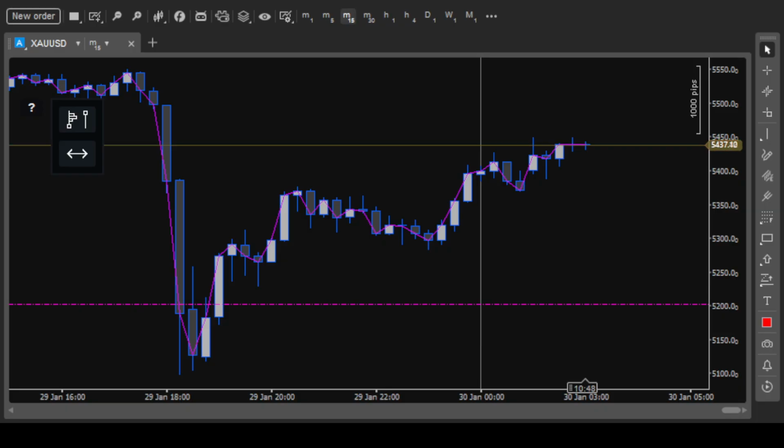That's not uncommon either. And that gap from there to there, you're talking 47 pips.